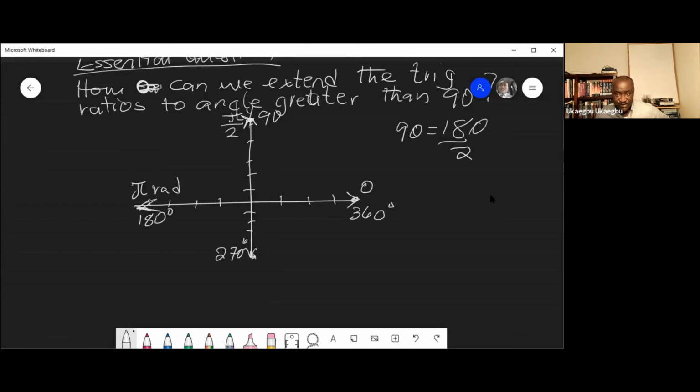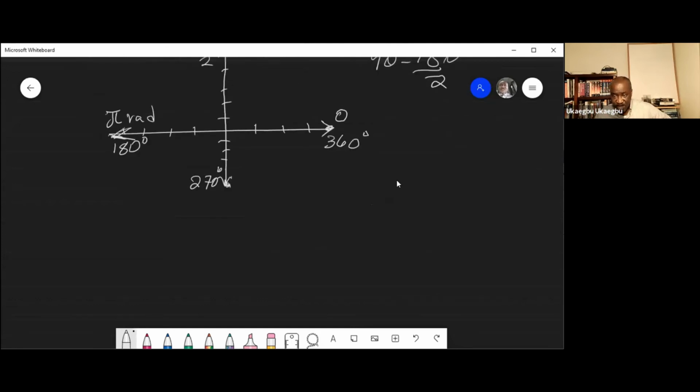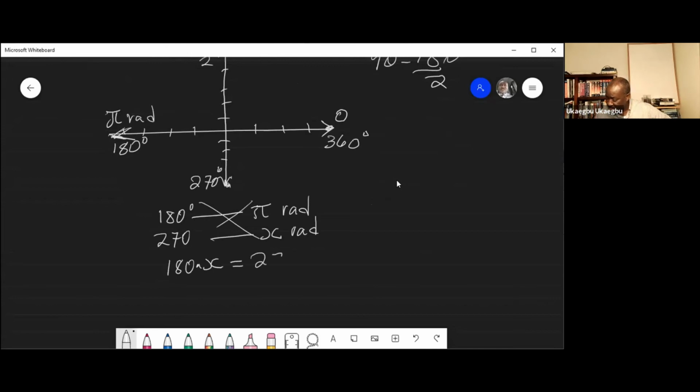Okay, so then how about 270 degrees? We have done this before, and I actually gave you an assignment that has to do with converting 270 degrees. So what happened to using 180 degrees is equal to pi radians? Then 270 degrees is going to be x radians, and cross multiply. So you are going to have 180 multiplied by x equal to 270 multiplied by pi radians.